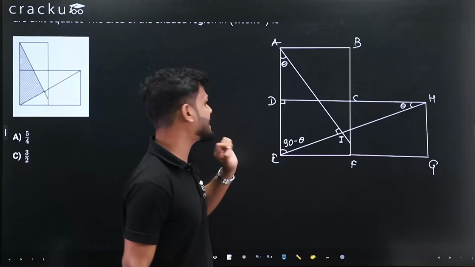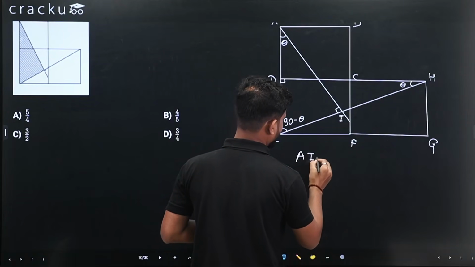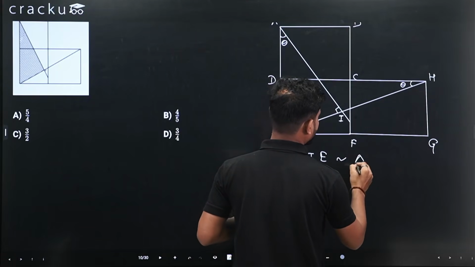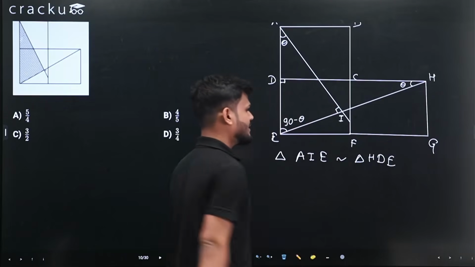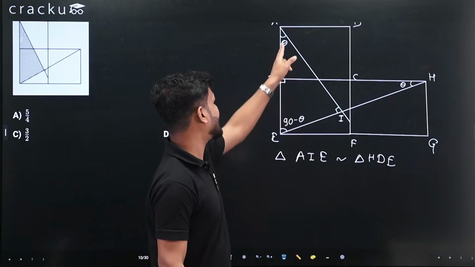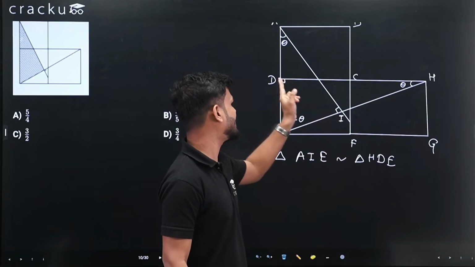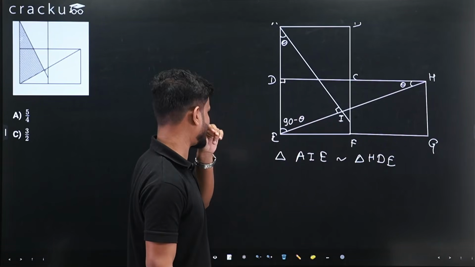So by AA test of similarity, I can say triangle AIE is similar to HDE, right? Why? Angle A, which is theta, is equal to angle H, which is theta. Angle I 90, angle D 90. Angle E is 90 minus theta. Here also angle E is 90 minus theta.